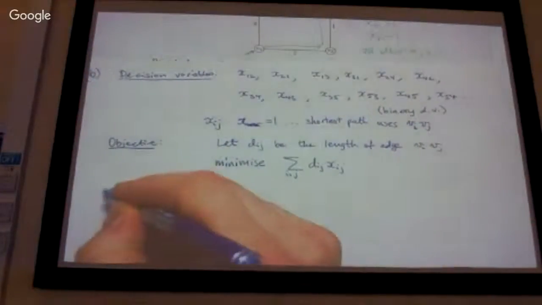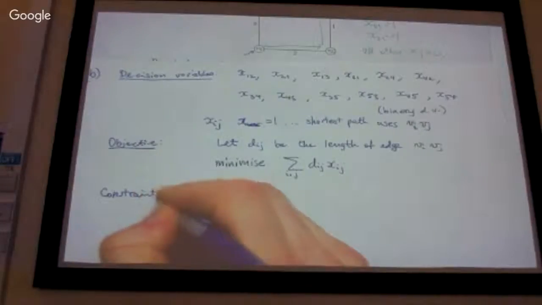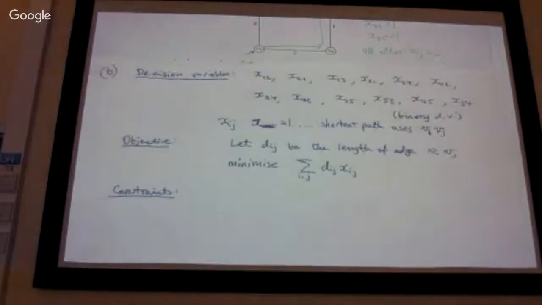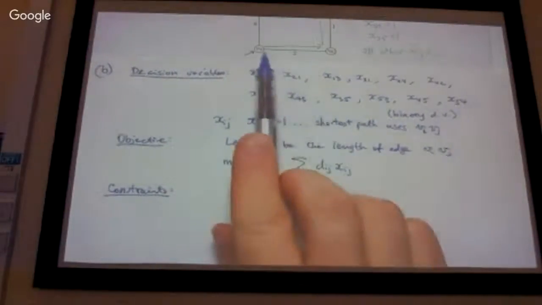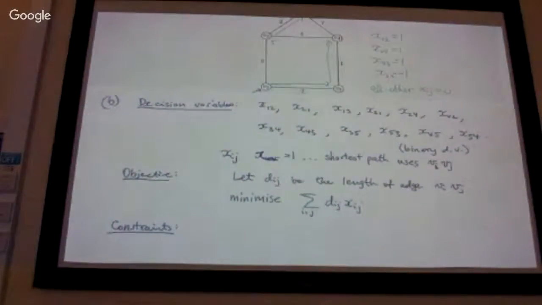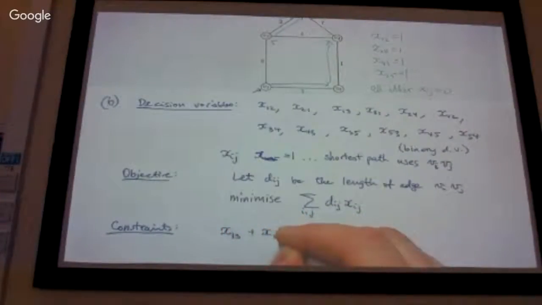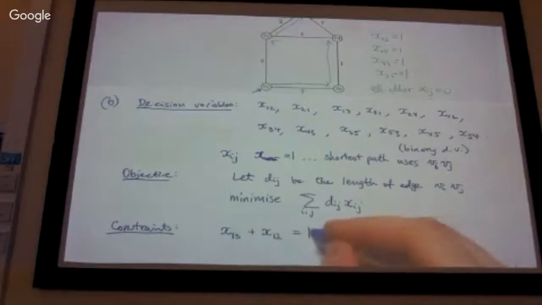And then the constraints. I need to make sure that I actually leave V1. And I can leave V1 either going to 2 or going to 3, when you look at the picture. So from 1 to 3 or from 1 to 2, I want to use one of them.